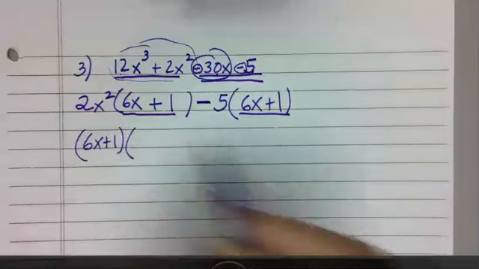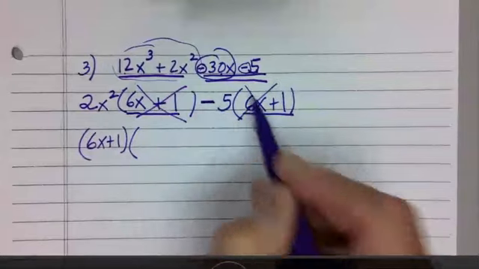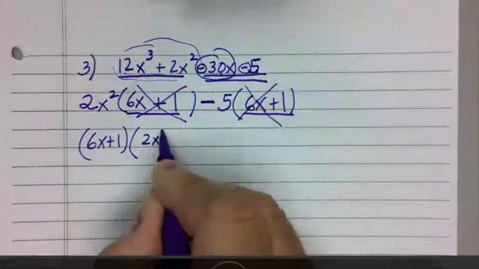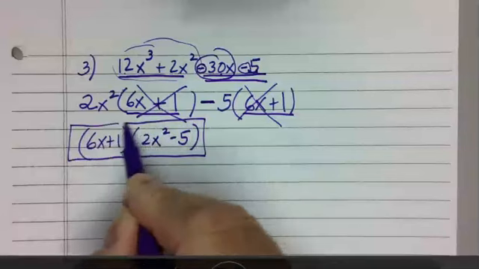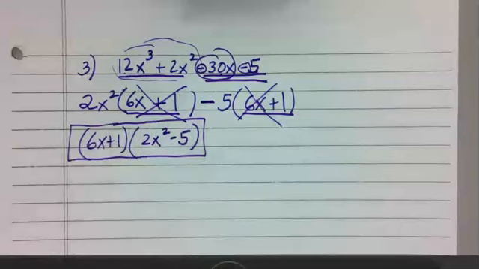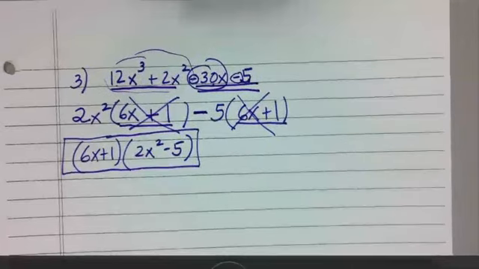And then what's left over? These are gone, correct? 2x squared minus 5. And there it is, factored. So you got to understand how to factor the GCF out, don't you? Okay? Can I move it to the next one?